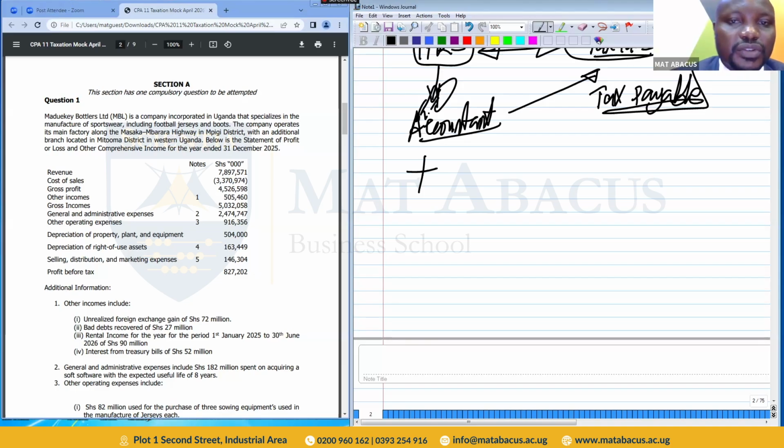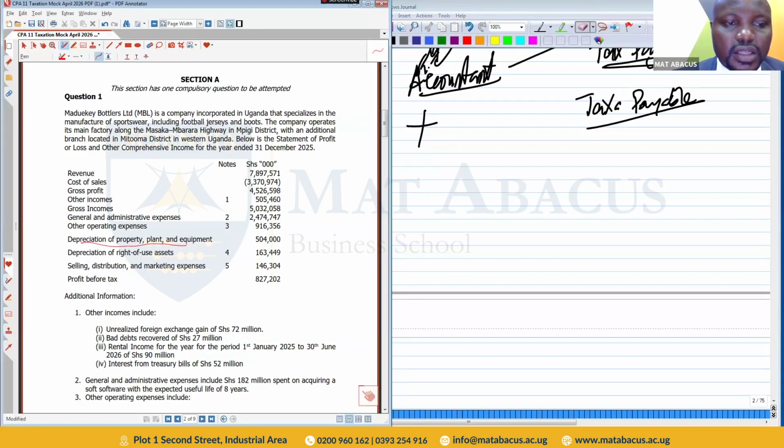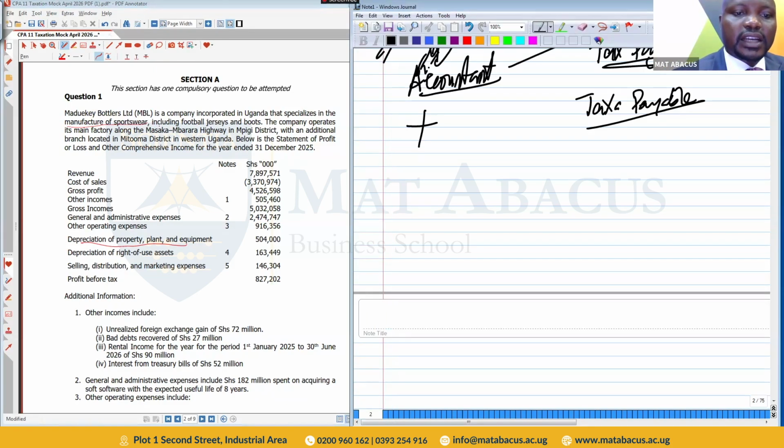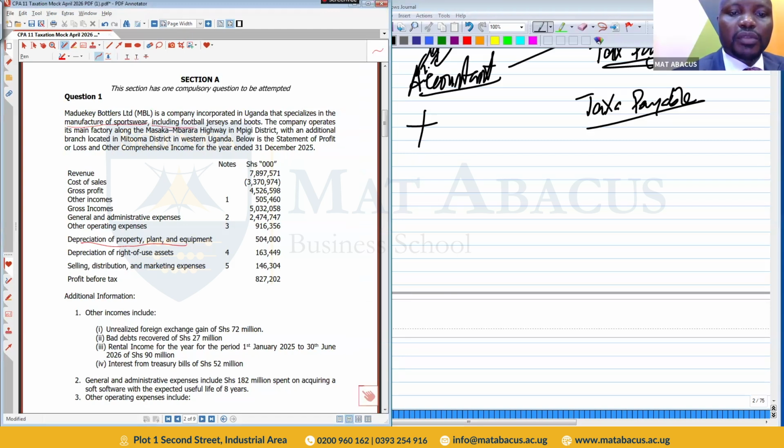As you are reading this question, you need to check 2 things. One is the entity that the question is picked from. You see this one is picked from a manufacturing entity, meaning that the assets will be in a manufacturing entity.